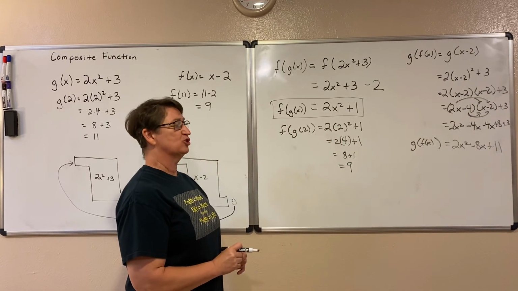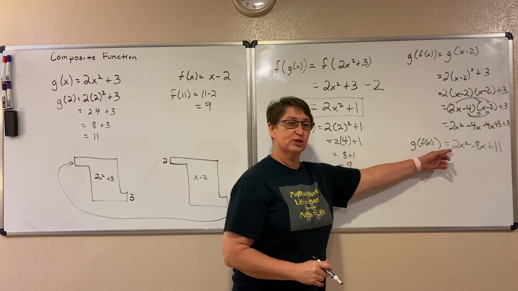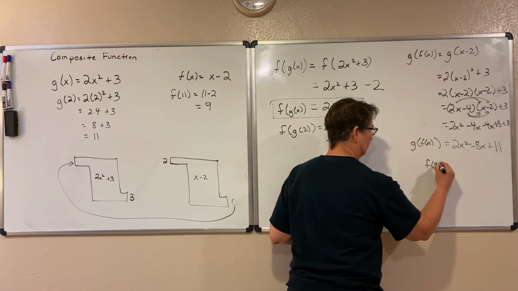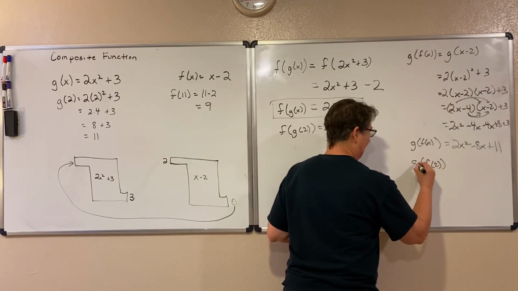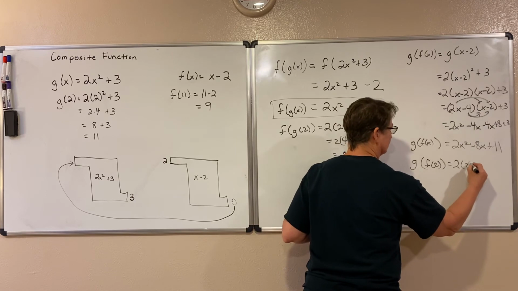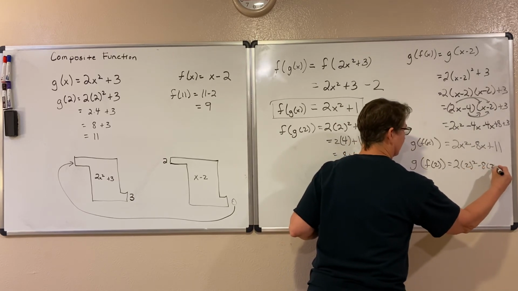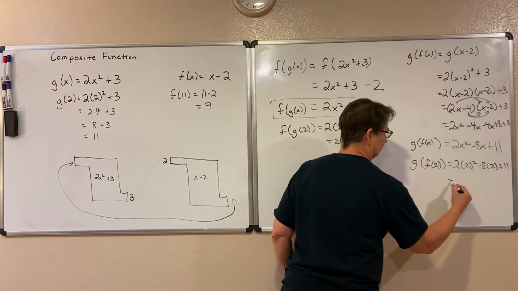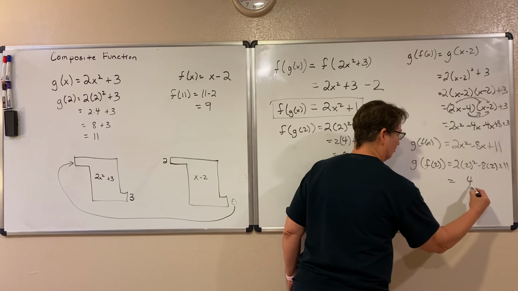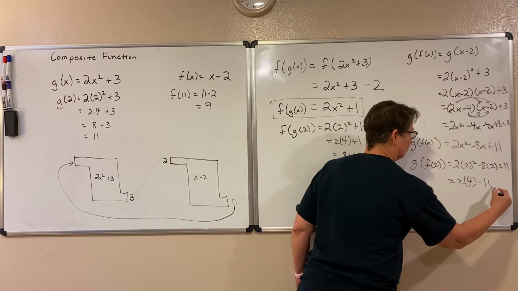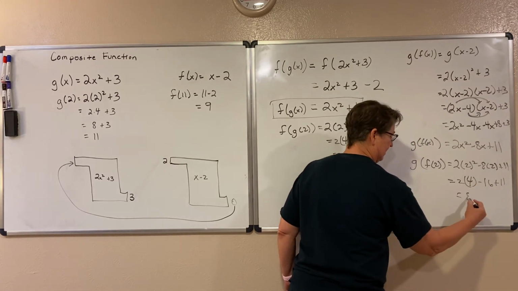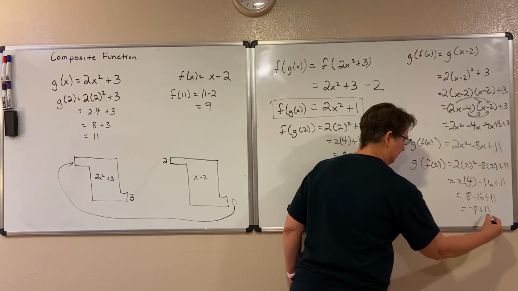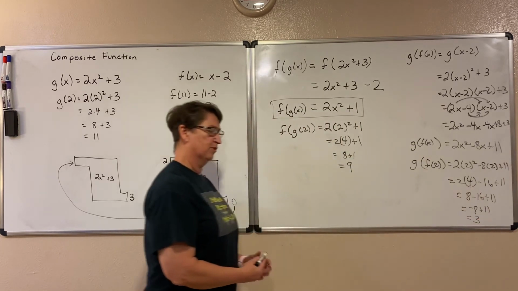I can test to make sure that this function is doing the job of both of them by plugging in 2 into the equation. If I plug in 2 everywhere I see an x, I should get out a 3 if it's doing the work of both. So let's just test it. 2 squared is 4. 4 times 2 is 8. 8 minus 16 is a negative 8 plus 11 really does give me 3.